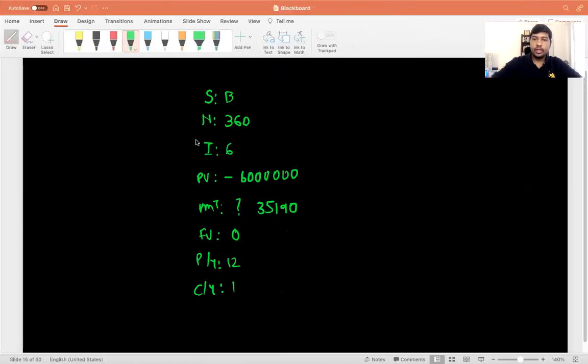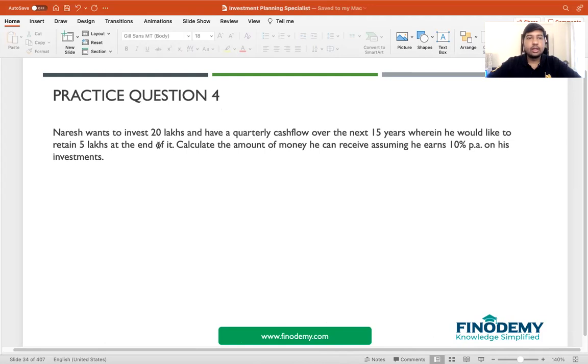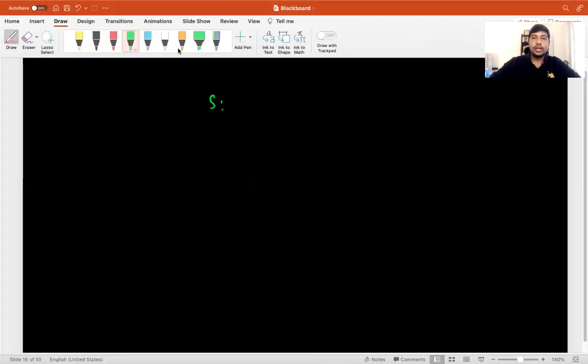We first see the inputs. So set. Now what should be set? Here he needs quarterly cash flow over the next 15 years, but whether the cash flow is required starting today or at the end is not mentioned. So let's assume it is begin.